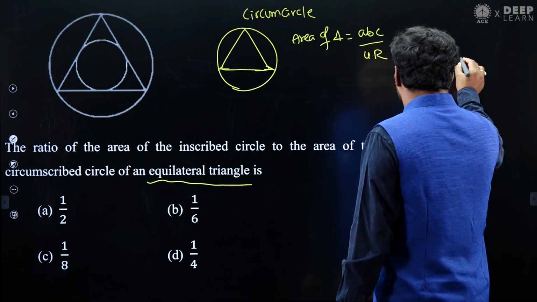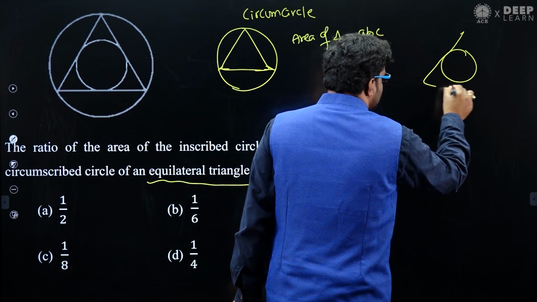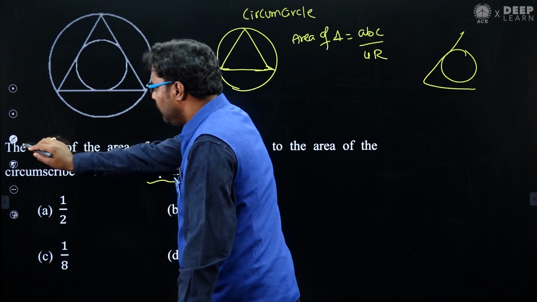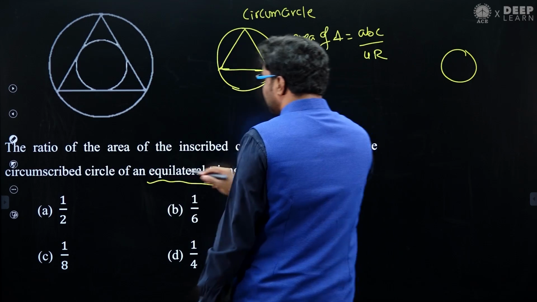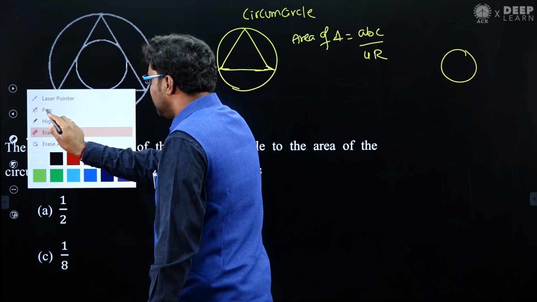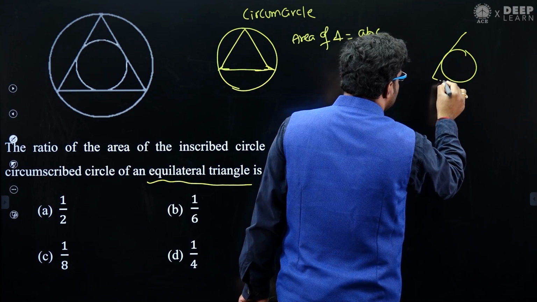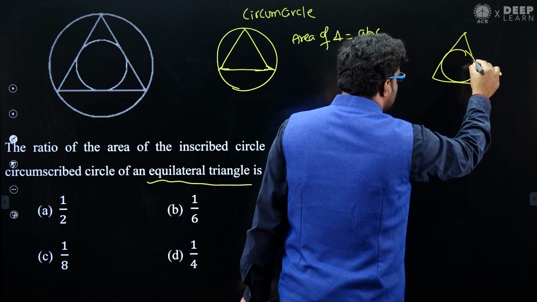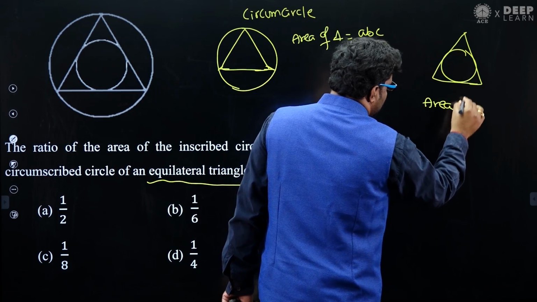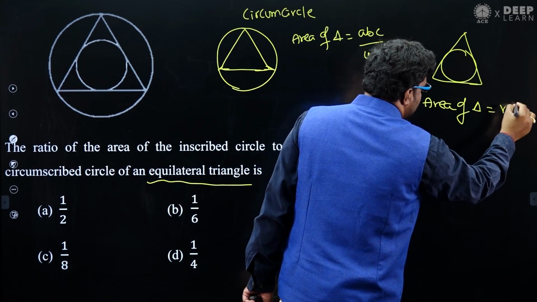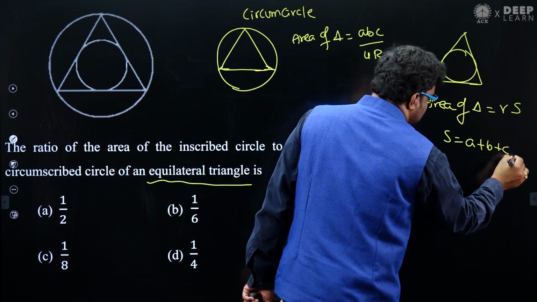Whereas for an incircle, if you go ahead with the incircle for a triangle, then what is the area of that triangle? Consider this is an incircle. The area of the triangle for this incircle is r into S, where S is nothing but A plus B plus C, the sum of sides, divided by 2.